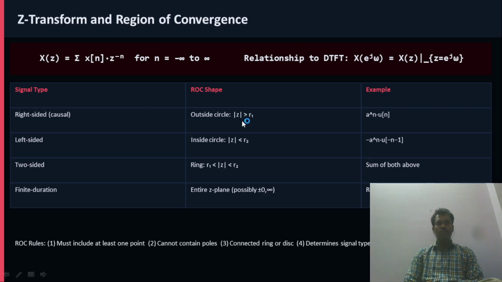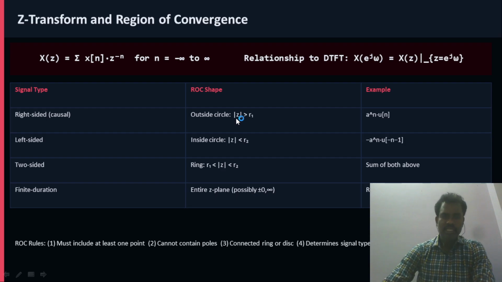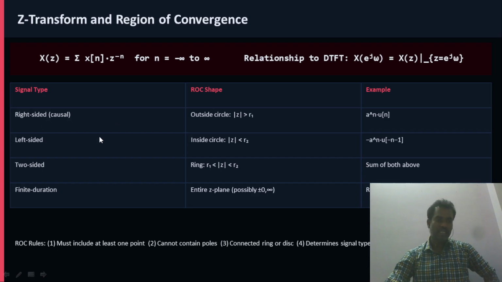So ROC is nothing but the region of the Z plane where the Z transform is finite, or where the Z transform exists. It is called the region of convergence. Let us see some signals and their regions of convergence. The right-sided signal, or we can say causal signal, is finite for positive instants of time.